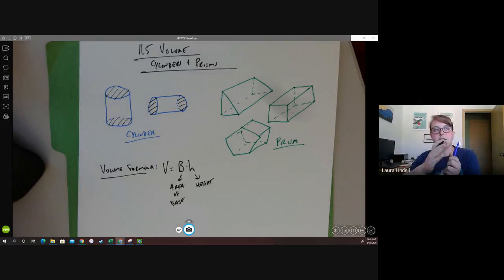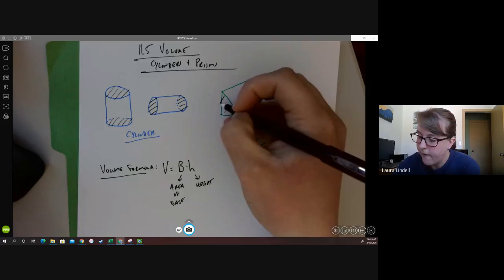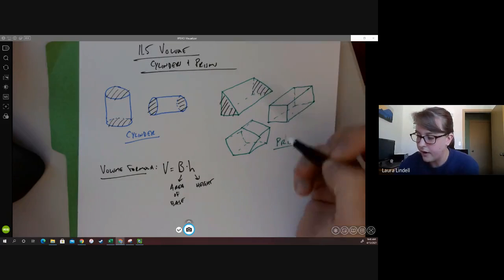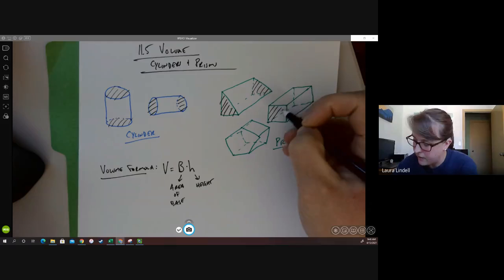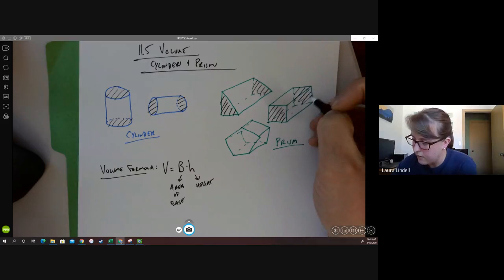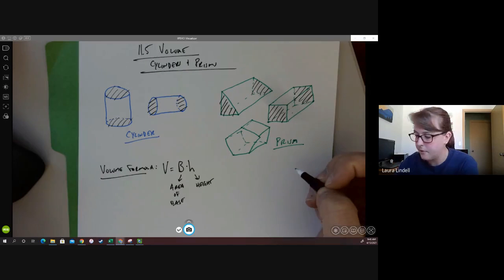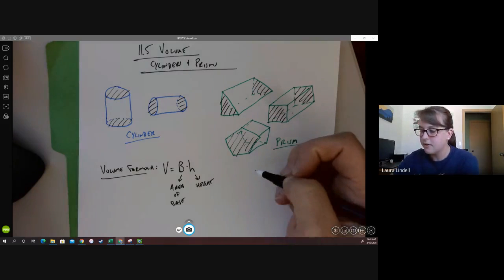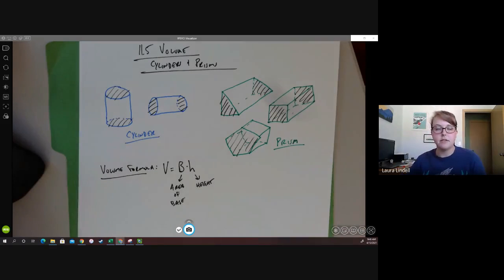It's whatever face gets extended, that is your base. So this would be the base, or this, for my triangle one. This would be the base, or this, for the rectangle. That would be the base, or the back face, for the pentagon.